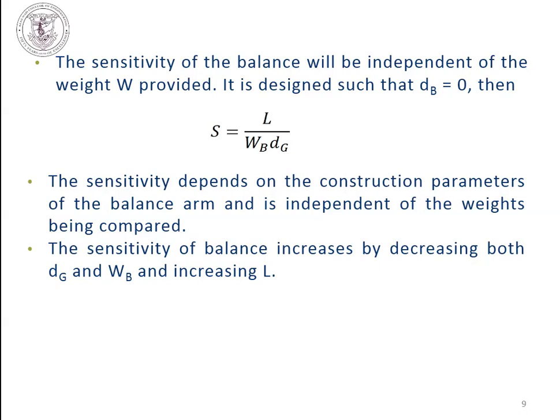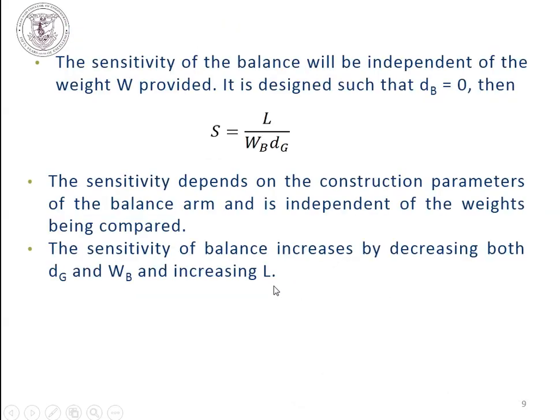In this condition we can say S is equal to L by WB into dG. So here we are saying that if we decrease both dG and WB, we can increase the sensitivity. At the same time, if we increase the length L, we can increase the sensitivity.